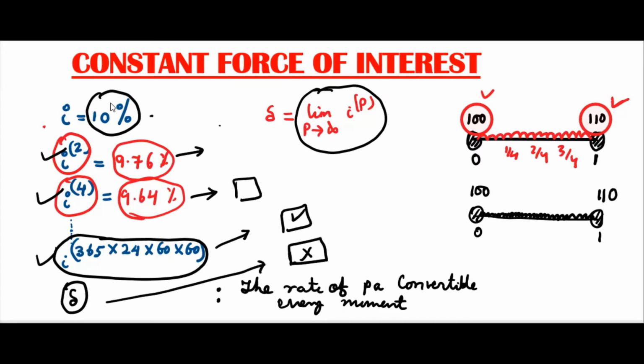That is how continuous mathematics is different from discrete mathematics. This is a 1 year nominal interest rate. Like these, all are nominal, and delta is nominal. Delta can be converted to an every moment interest rate. It's not possible. However, we'll be able to find the value after 1 year.